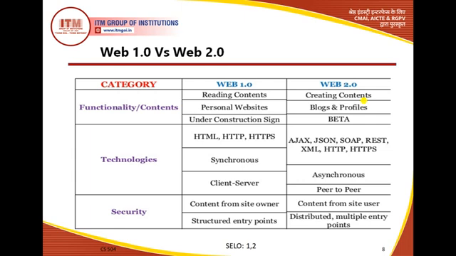Like in Web 1.0, if we want to publish any particular news, for example a very important national news, and we want to make it known to a certain group of people, then we can make it visible to other people through social networking sites.